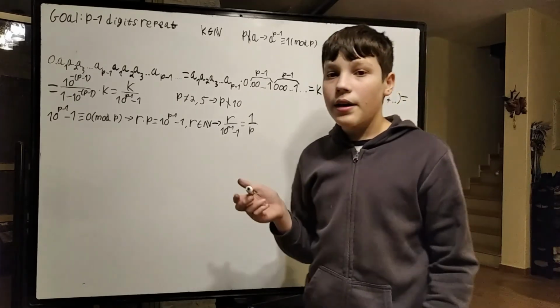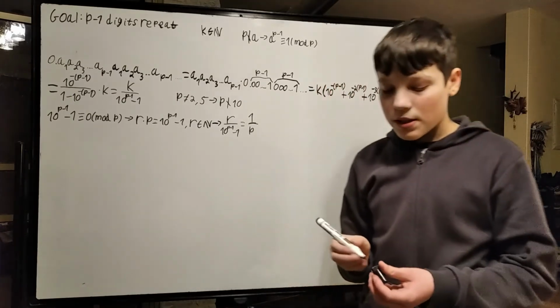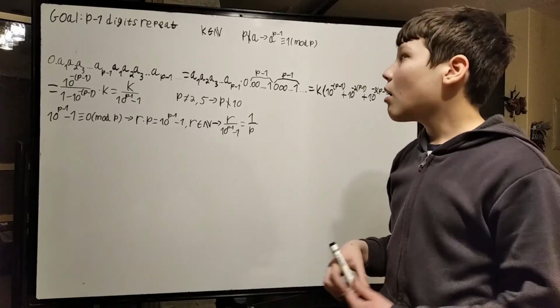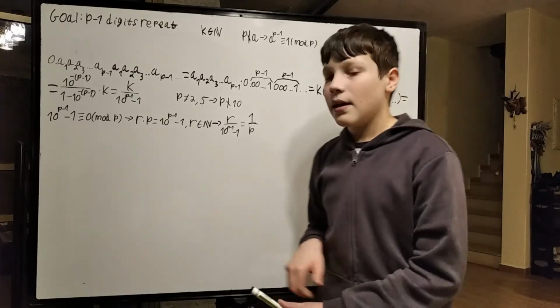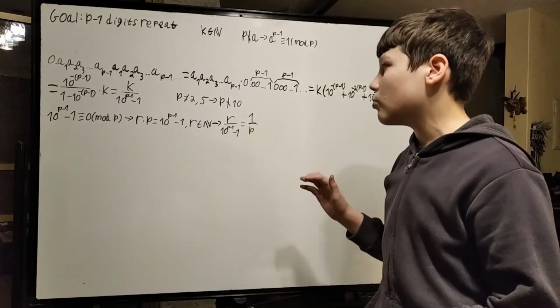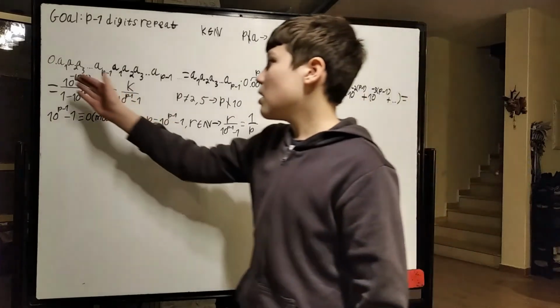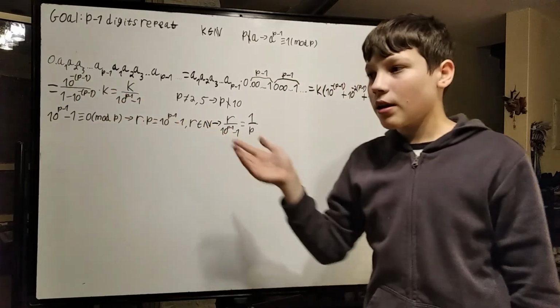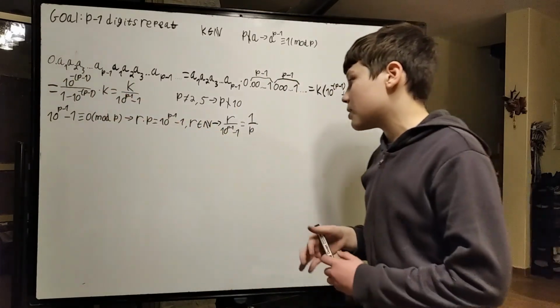r cannot have more than p minus 1 digits, and we know that k can have at most p minus 1 digits too, because this a1, a2, and so on can be zeros.